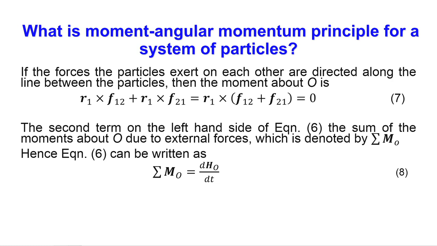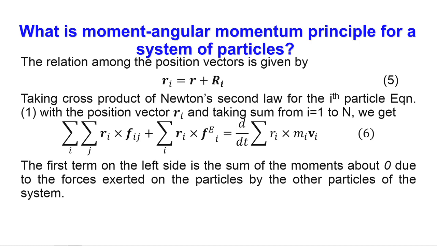Now we can see that the second term will be R_i cross F_i, that means the external force applied on the ith particle. So, what will be the moment about O?